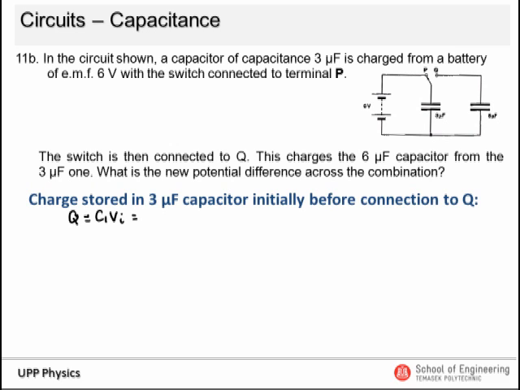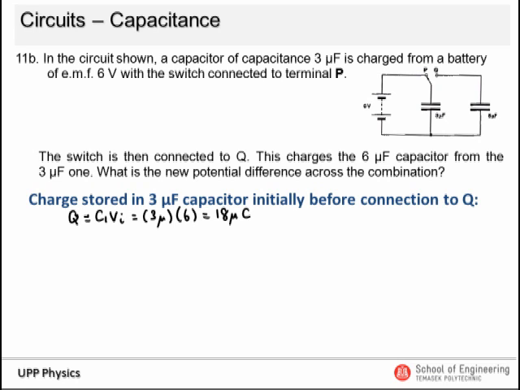C1 is 3 microfarad and V_i is 6 volts. So the product will be 18 microcoulomb. Take note the unit for charge is coulomb and the magnitude of the charge stored in this 3 microfarad capacitor is 18 microcoulomb.